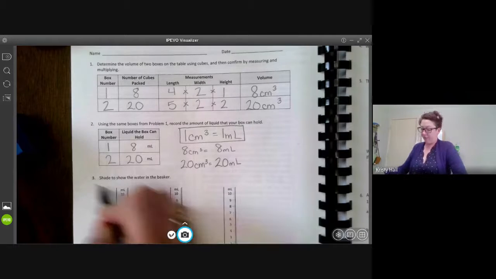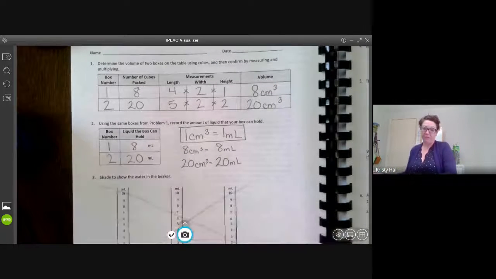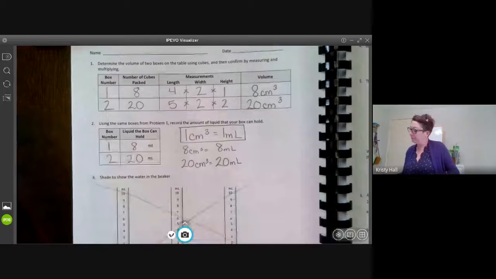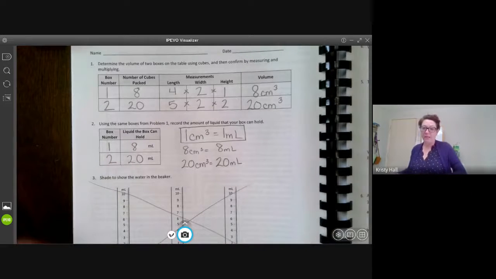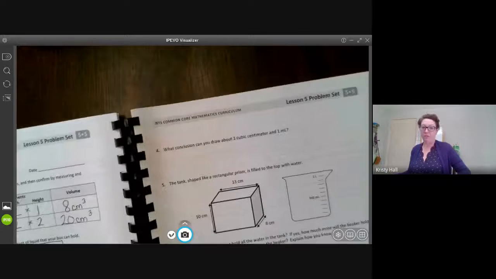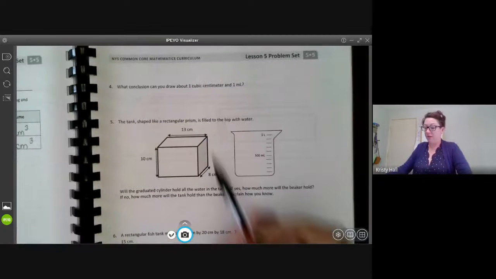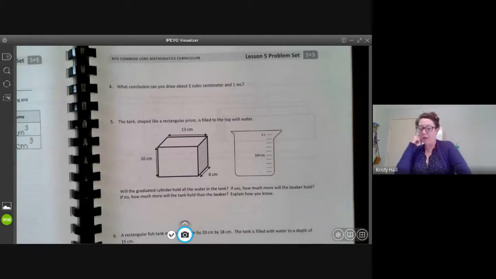We're going to skip over part 3 because that's something we would do with materials in the classroom. So let's think about what we just learned about cubic centimeters and milliliters. What conclusion can you draw about 1 cubic centimeter and 1 milliliter? I guess it's not really drawing a conclusion because I just told you.